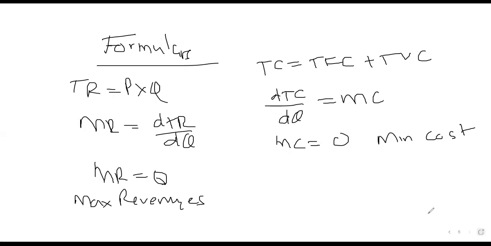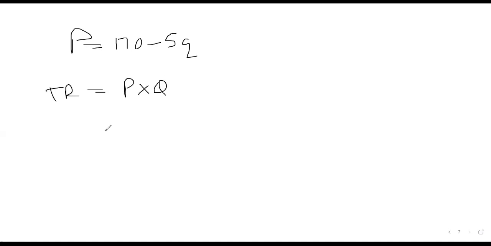Okay. So with these formulas, we'll be given the price function, for instance, as 170 minus 5Q. The total revenue is simply price times quantity. This is a revenue analysis. So 170 minus 5Q, we put a Q outside there.